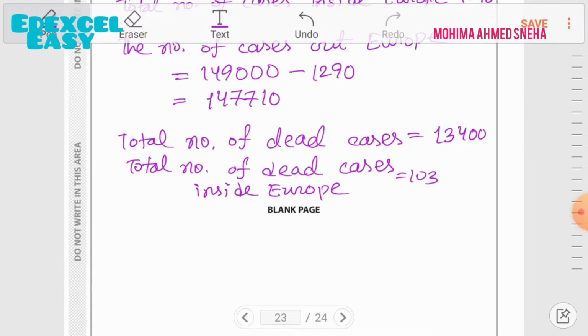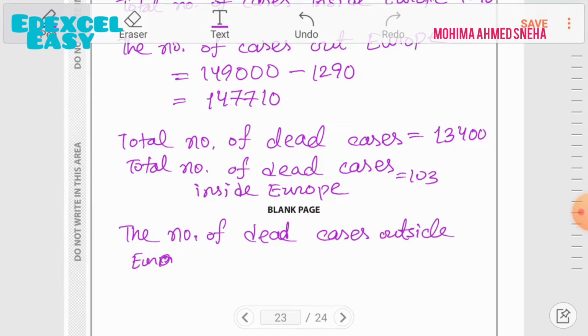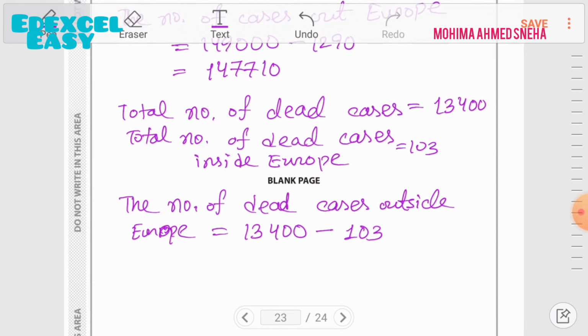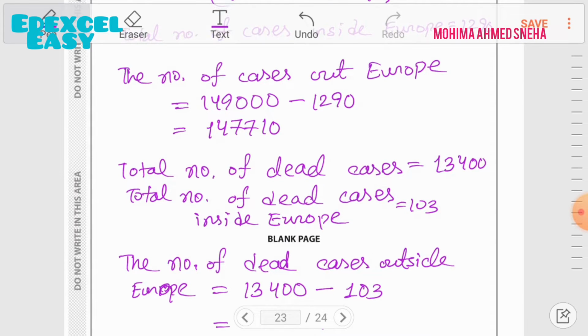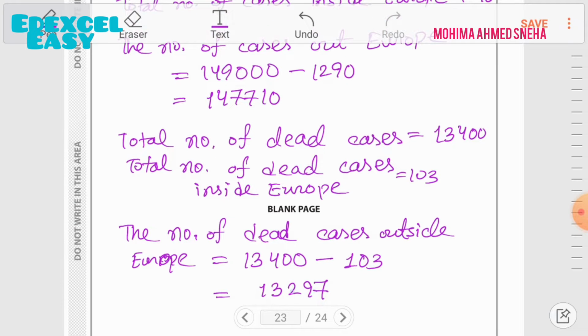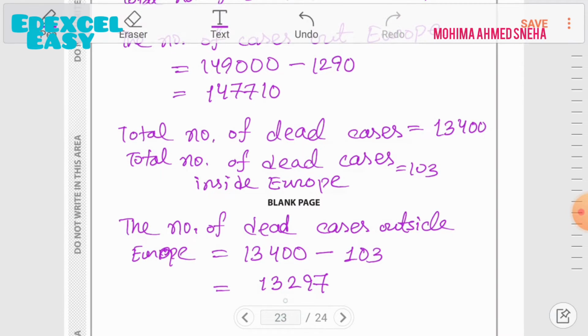So the number of dead cases outside Europe would be 13400 minus 103, and you get a value of 13297. So the total number of cases outside Europe was 147710, and the total number of dead cases outside Europe was 13297. Now let's move back to page 4.